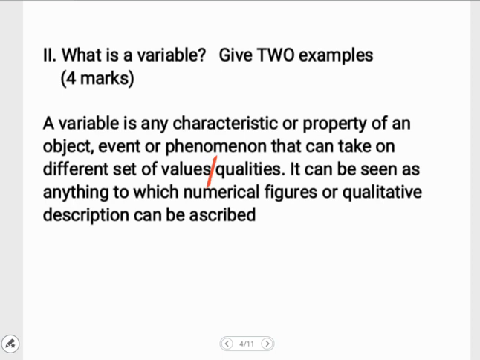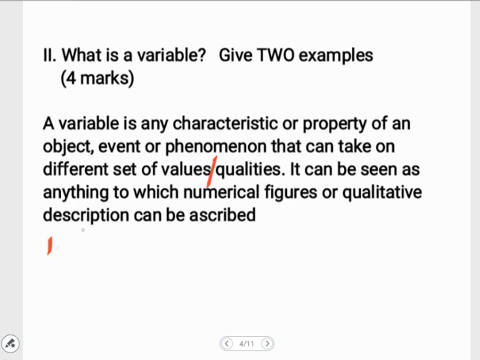I take that again. A variable is any characteristic or property of an object, event, or phenomenon that can take on different set of values or qualities. So it can also be defined as anything to which numerical figures or qualitative description can be ascribed.